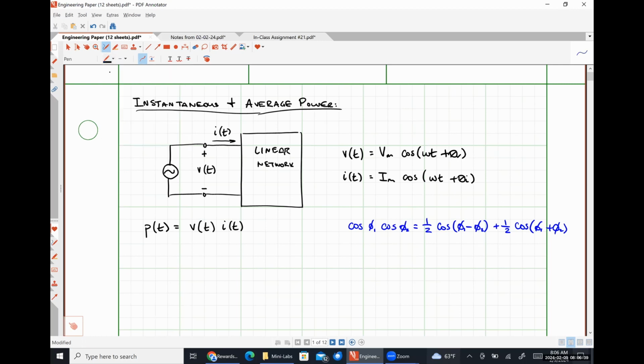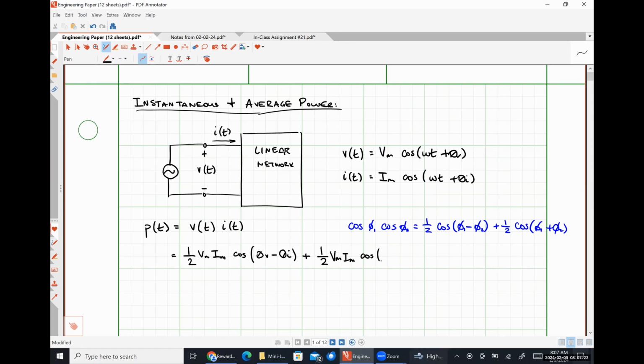So when we apply that trig identity, what we're going to wind up getting is 1/2 the magnitude of our voltage times the magnitude of our current times the cosine of, and so now let's subtract angle 2 from angle 1. So the omega t's are going to cancel each other out, and we're going to be left with just theta v minus theta I. And then now we have the second half of our trig identity. 1/2 Vm Im cosine.